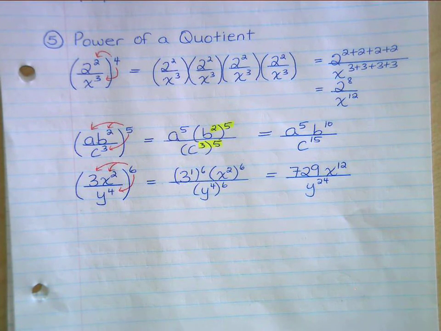Okay, so let's write this statement down so you have this final rule. When taking the power of a quotient, we apply the exponent to everything inside, to all parts, so the numerator and the denominator. This is basically the same rule as the last one we learned, except now it just looks different inside the brackets because it's a fraction instead of a multiplication.